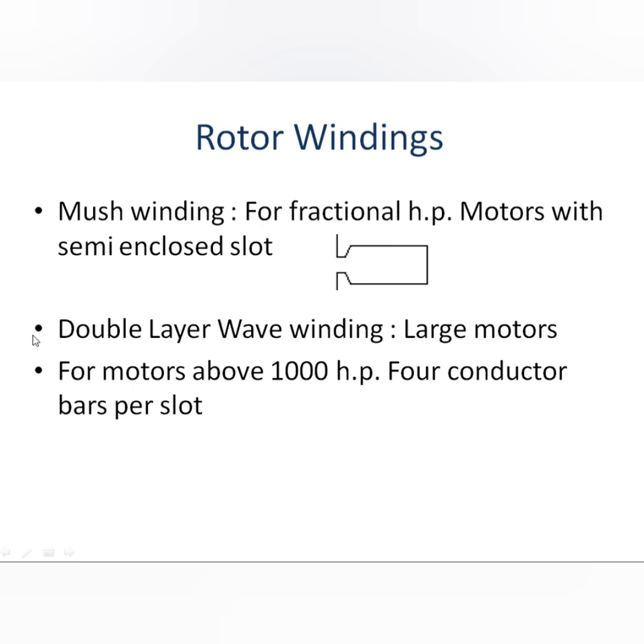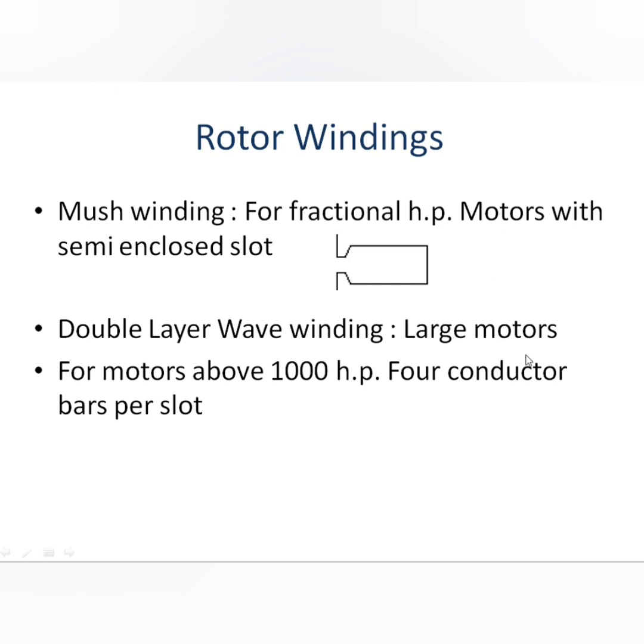Now we know that having a double layer in the rotor conductors will also give an added advantage, that we can call that motor as having characteristics similar to a double cage rotor. So having a double layer wave winding will help in the starting torque as well as the running characteristics.